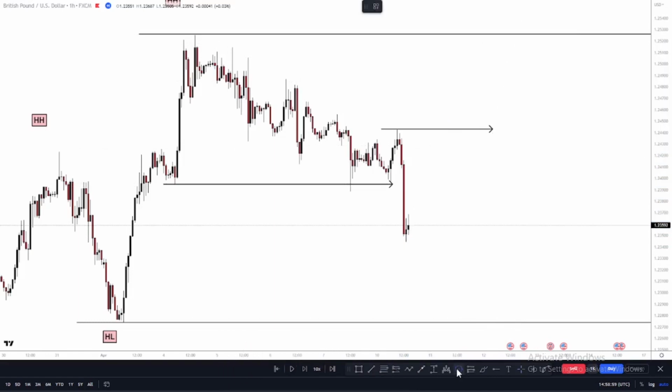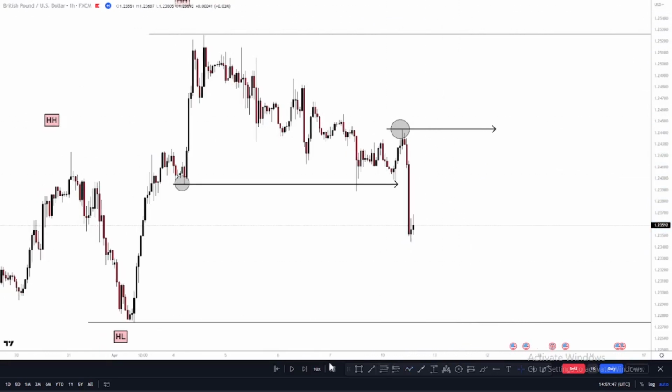Like I said on the H4, after price creates a higher high, we expect price to retrace a little bit to create a new higher low, so we continue to the upside. That's what we are expecting price to do here.